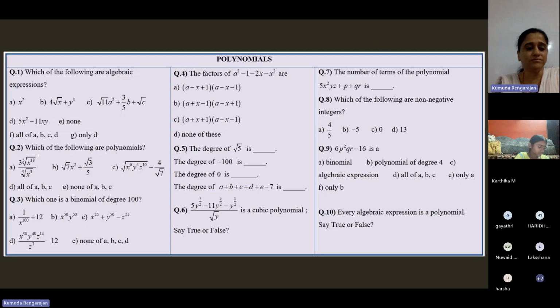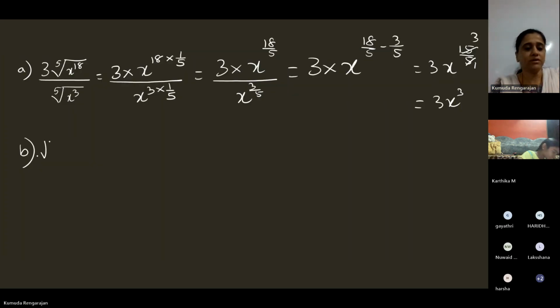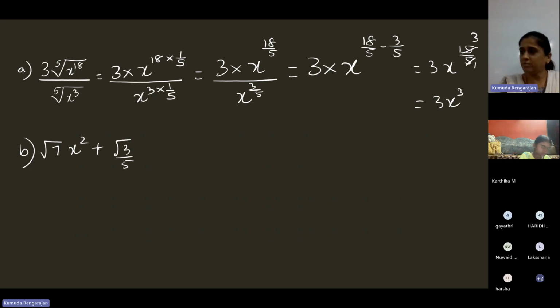The second one cannot be simplified further because this is the constant. We have to simplify if the variable is under the radical sign.